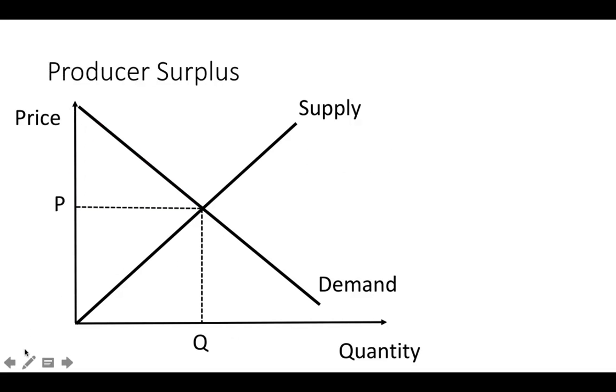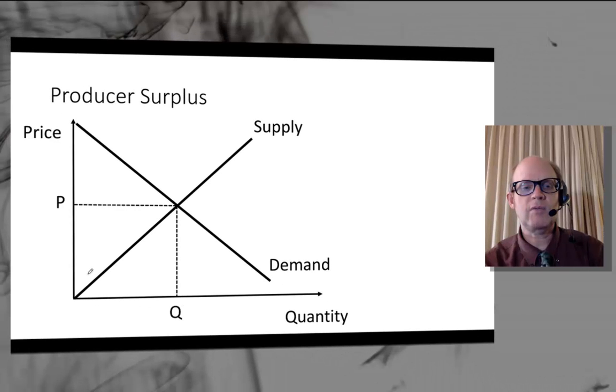Next we'll look at producer surplus. Remember, producer surplus is a measure of the benefit to sellers. So you had a low-cost seller, somebody down here. The marginal cost of producing this unit was very low. Remember, the supply curve represents marginal cost. But the price in the market, the equilibrium price, was up here.